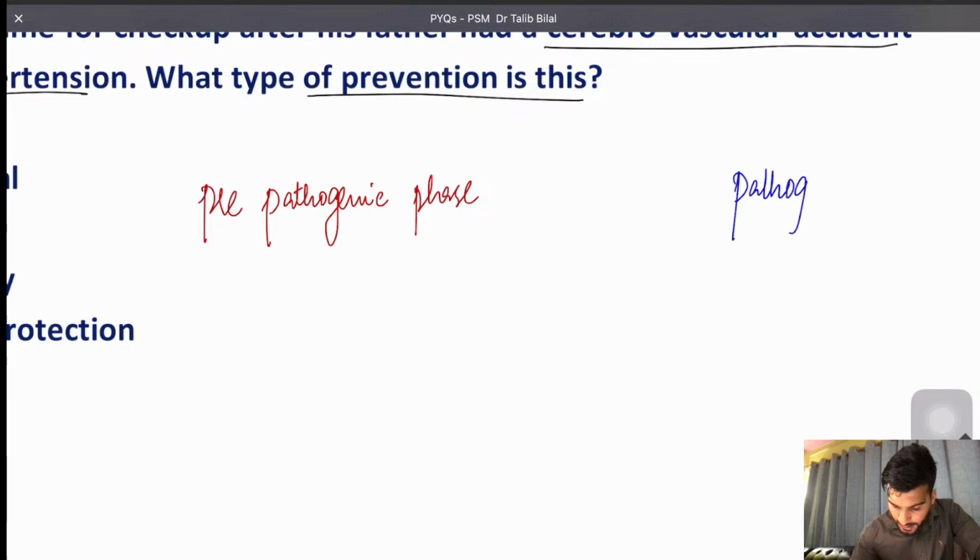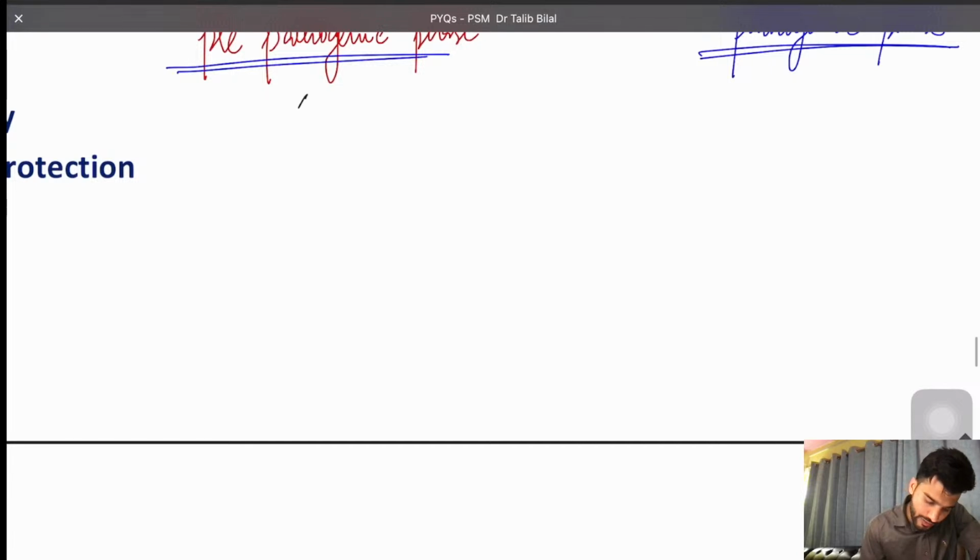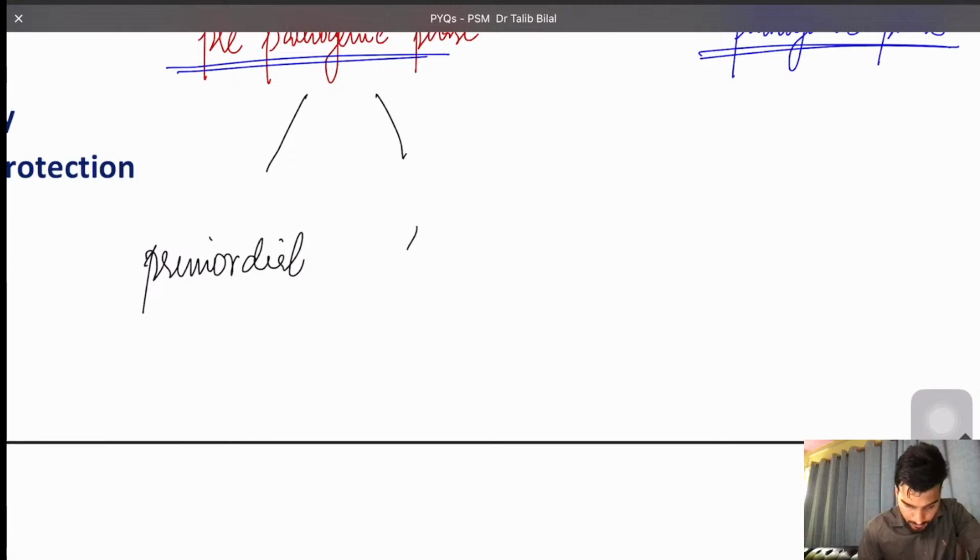Before the disease, and after or during the disease. In the pre-pathogenic phase, before the disease, we have two preventions: primordial and primary.